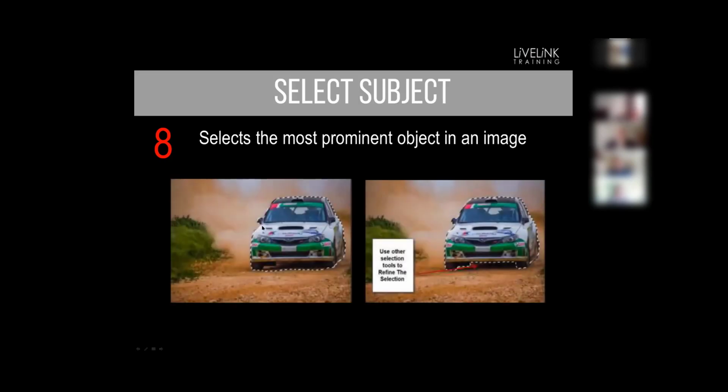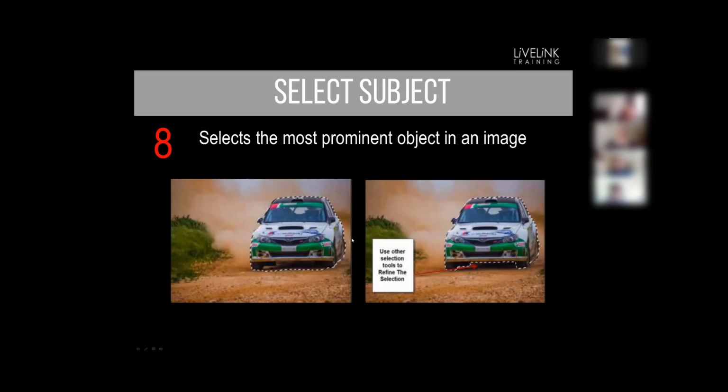Now here you can see that one click and it selects the car. It's not always massively accurate. Here there's some little bits underneath, because there's no contrast under there, or very little, it's missed it. So what you've got to do is use another selection tool just to quickly get the bits in or get the bits out that you need.